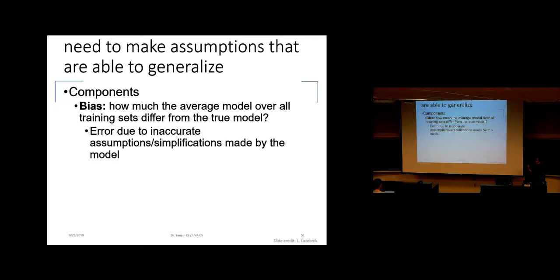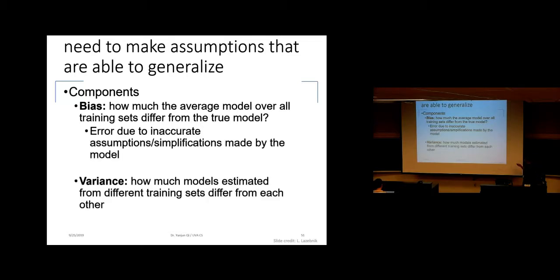So I already talked about what bias is and what variance is. Bias is how much the average model over all the training data differs from the true model. In the end, it's the error due to your assumption. And it's mostly a simplified assumption, because if your model is more complex, in most cases, like a highly polynomial model, hopefully with regularization, it can fit lower degree true models.